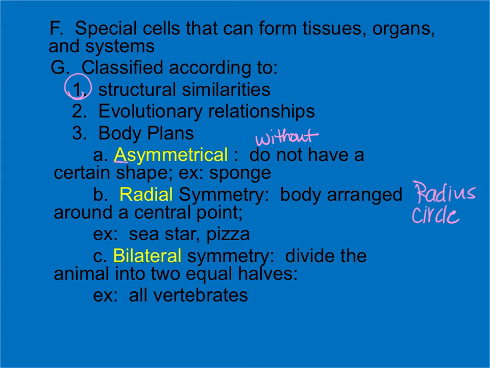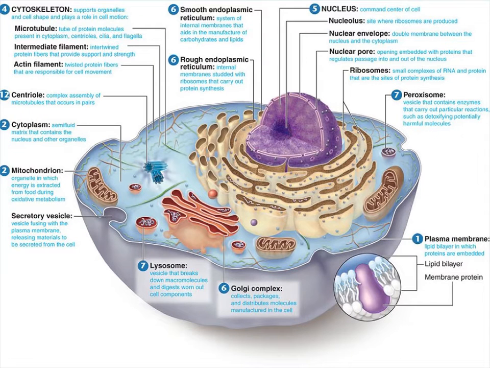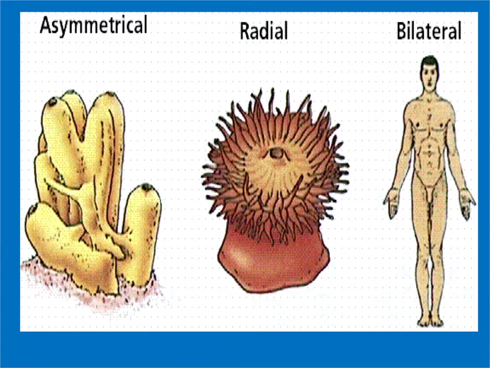And then you have bilateral symmetry. Most animals are going to be bilateral symmetry. If you cut it down the middle, it will have two equal halves. All vertebrates are going to be bilateral symmetry. Here is an animal cell, and we've learned all these parts before. And here's our symmetry.